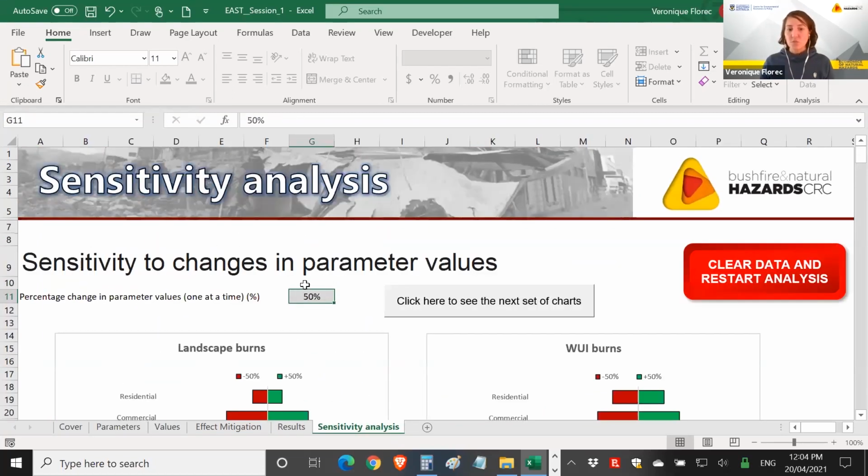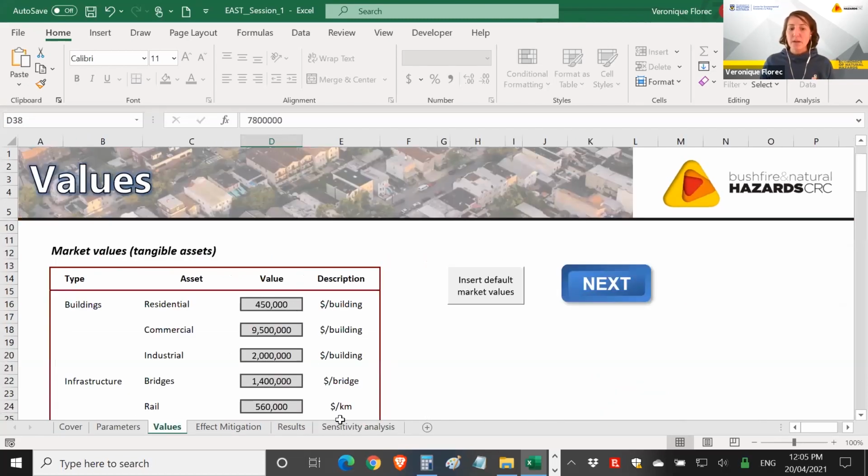So what is this doing? I'm asking the tool, and we will have a look at the detail of the calculations and calculate a sensitivity analysis ourselves in session 2, but here is just an overview of what it's doing. What the tool is doing in the background is going to each of these values and changing it by plus or minus 50%.